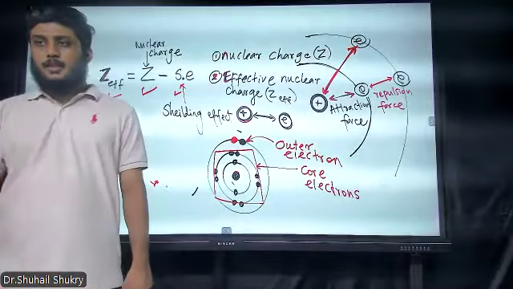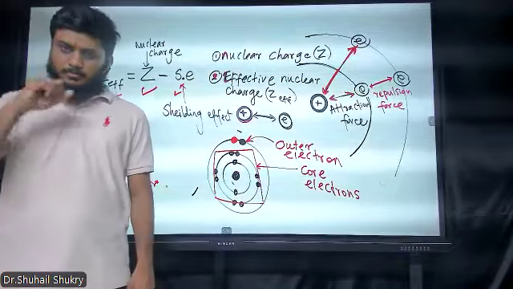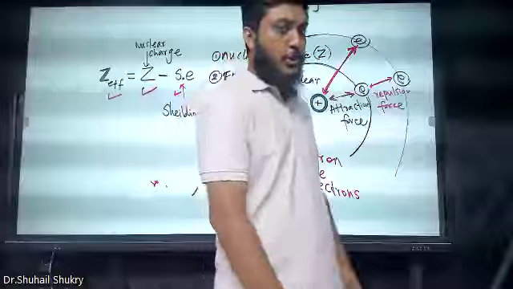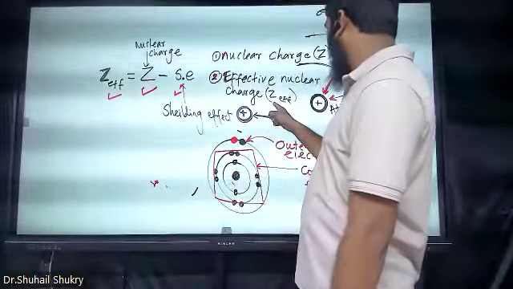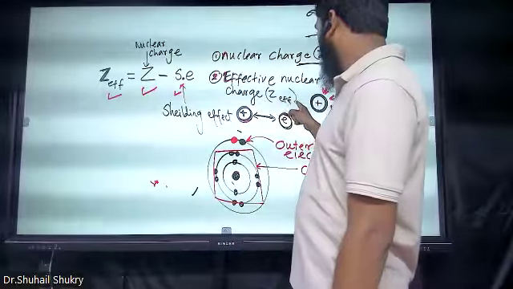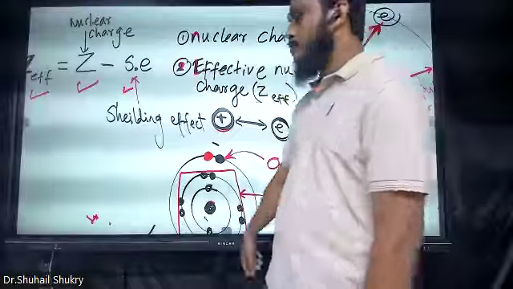Right? Effective nuclear charge. So write effective nuclear charge. For the next point, you can write Z eff: Z should be up, and eff should be down.